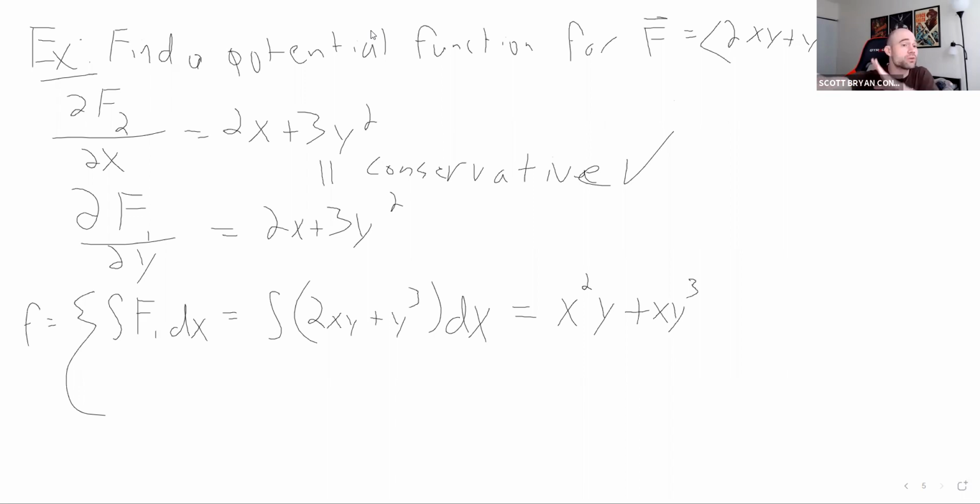So now we found all the bits of our potential function involving x. But we don't know anything that just involves y.